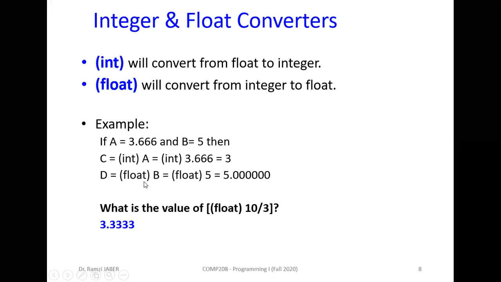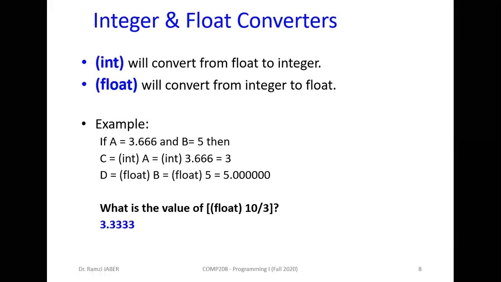The inverse: float(5) will be equal to 5.0000. So 5 is an integer, whereas 5.000 is a float number.